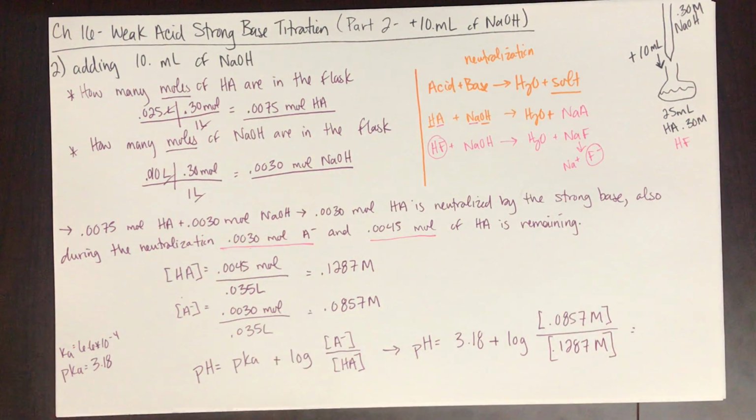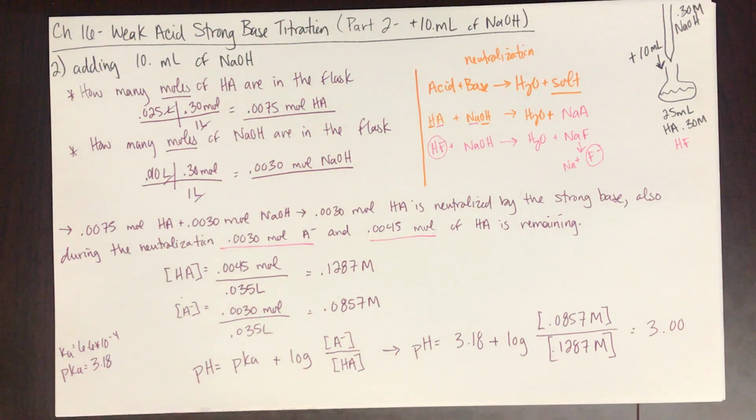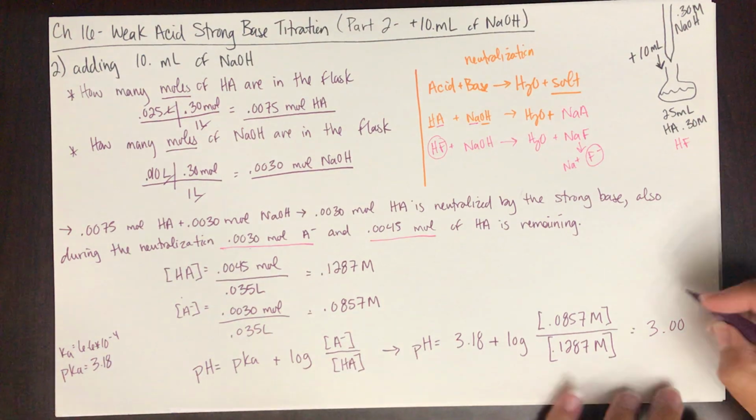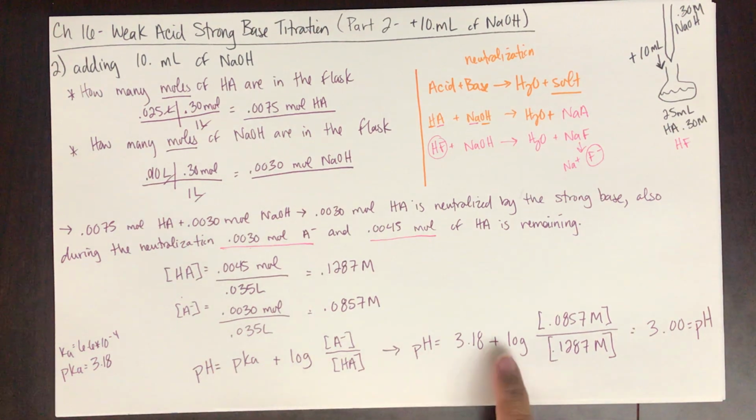And now you just solve for pH using this equation, and you should get 3.00 as your pH. So pH equals 3.00 after 10 milliliters of base is added.